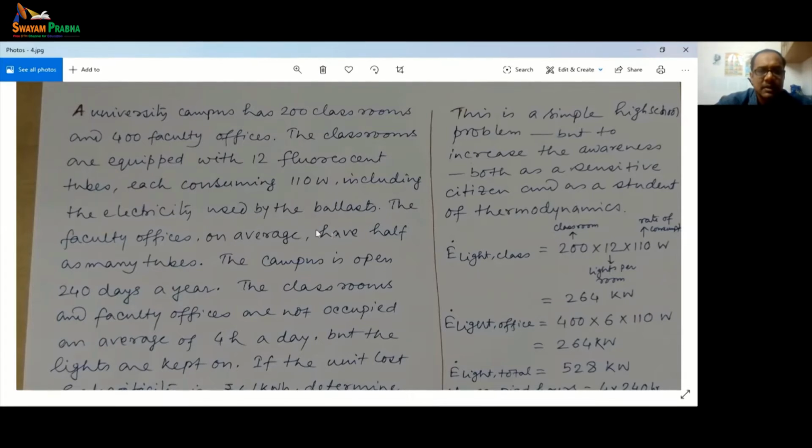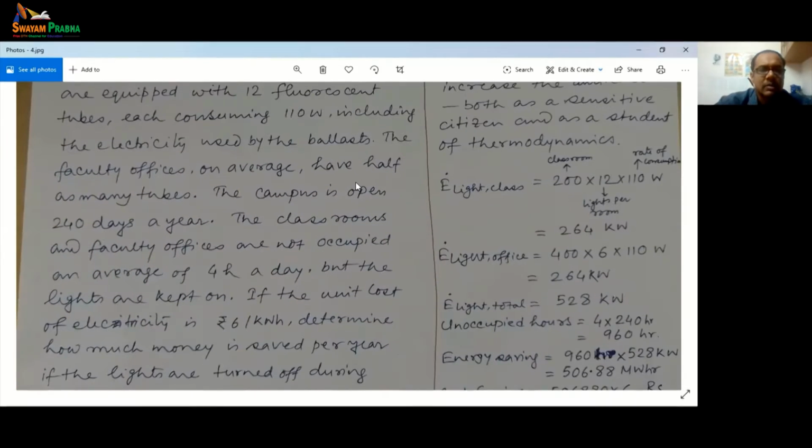Nowadays ballasts are not much used, but earlier, to stabilize the voltage and current for the fluorescent tubes, we needed electrical ballasts. You can just ignore that part of the information. Basically, each tube is consuming 110 watt.